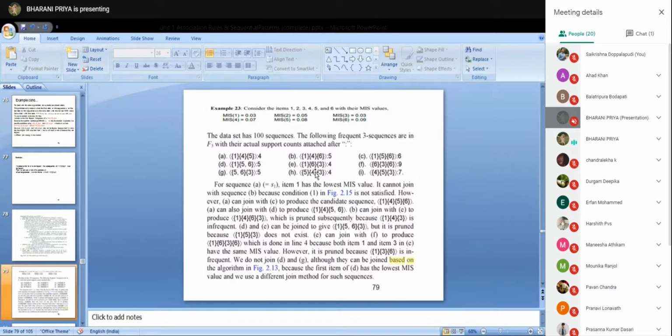So I cannot join A and B. Can I join A and C? Let us drop the second item 4, so I am getting 15. Dropping the last item 6, I am getting 15. So when joining, you drop the second item of sequence 1 and the last item of sequence 2.